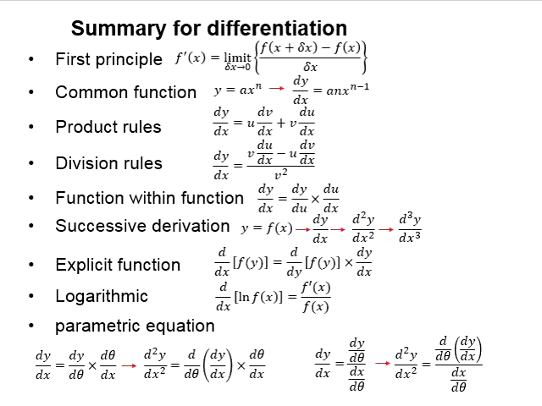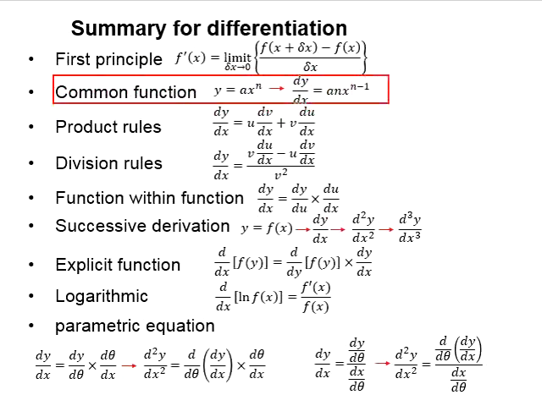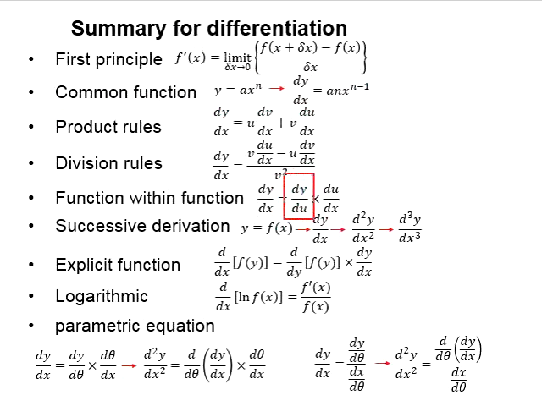Rewrite the function in terms of u. Differentiate the function based on the formulas for common functions. With that, you have obtained dy/du, and du/dx was also obtained at the early stage. You multiply both of them, which gives you dy/dx. This is as if the du parts cancel out each other.